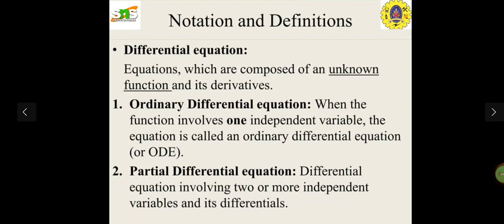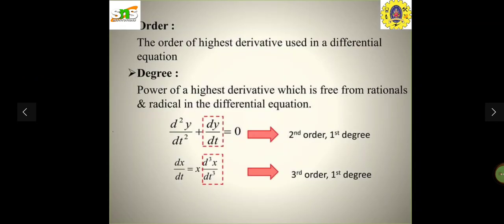When an equation involves two or more independent variables and its differentials, then the equation is called a partial differential equation and shortly called PDE. Next is order. The order is that of the highest derivative used in a differential equation. So if we have d square y by dt square, then it is of order 2.